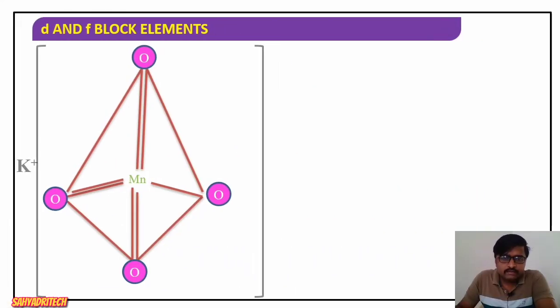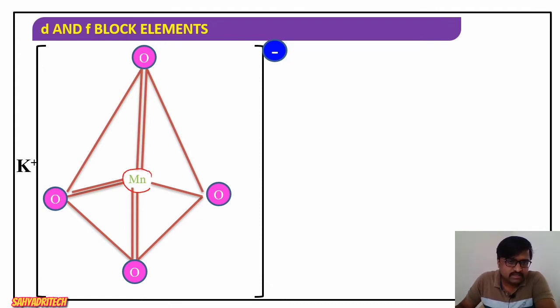When you look at the diagram here, what is the central metal atom or element here? Mn, right? Mn is present at the center of the core, and the four corners of a tetrahedron are occupied by oxygen atoms, and overall what is the charge? Minus charge. So if I consider potassium permanganate, what is the formula we write?